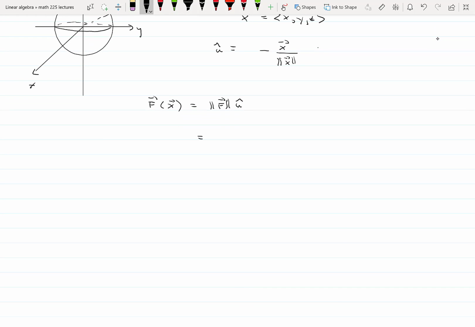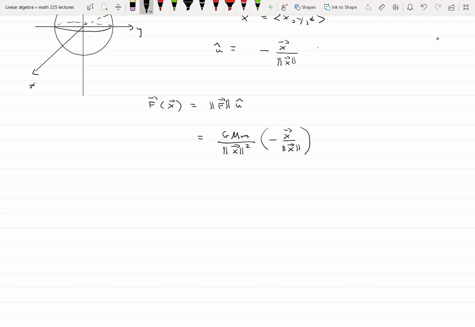So that gave us G, the universal gravitational constant, big mass times small mass, over r squared, where the distance r between the two centers is nothing more than the length of the position vector. So r squared is the length of the position vector squared. And the unit vector is negative x over the length of x.